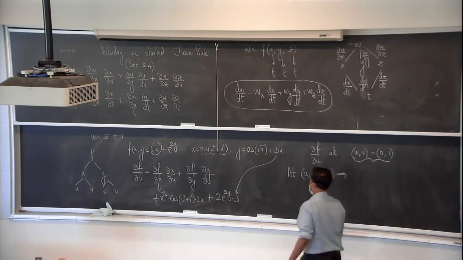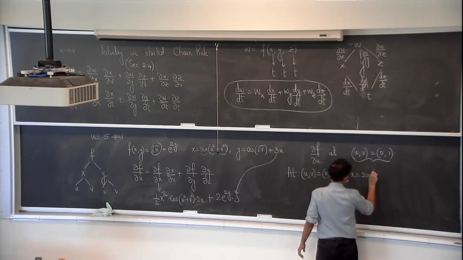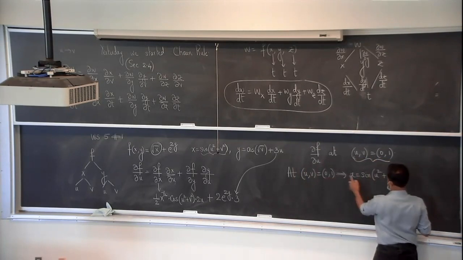Okay. So we have X equal to sine of U square plus V square, which is sine of 0 square plus 1 square, which is sine of 1.